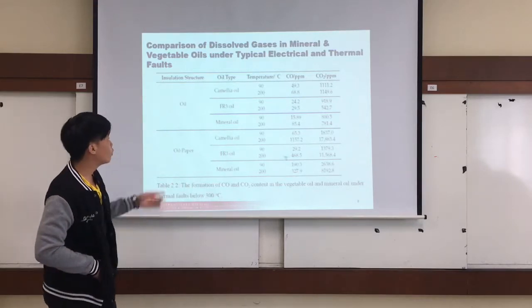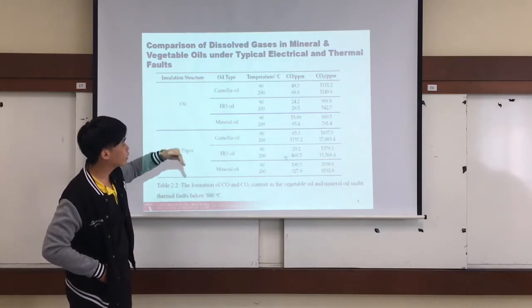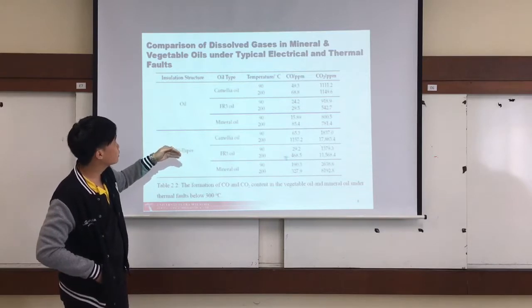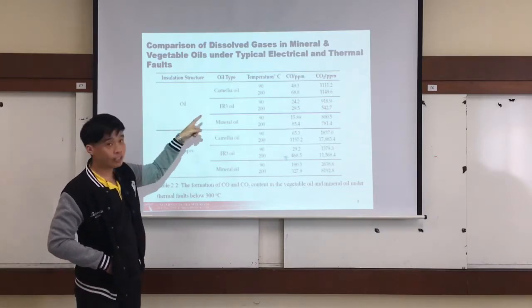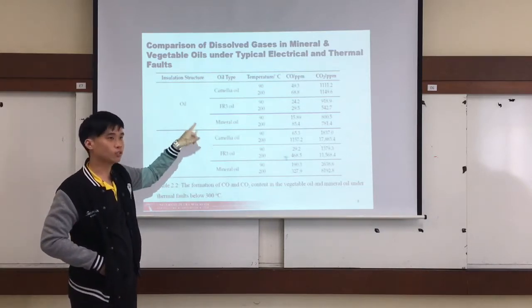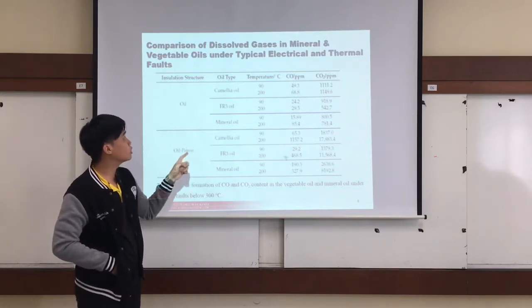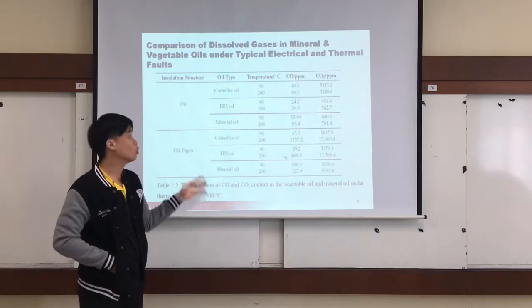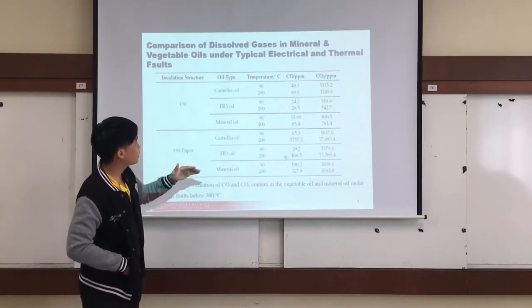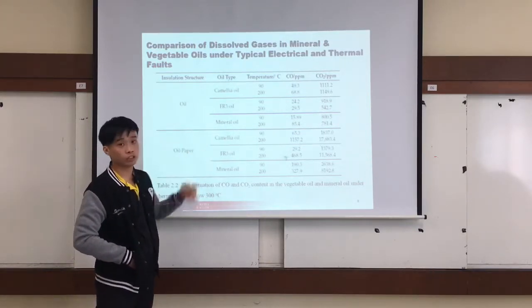insulating oil. From here, we can notice that camellia oil, which is one type of vegetable oil, produces the largest amount of carbon monoxide and carbon dioxide compared to the other two types, which are FR3 oil and mineral oil.